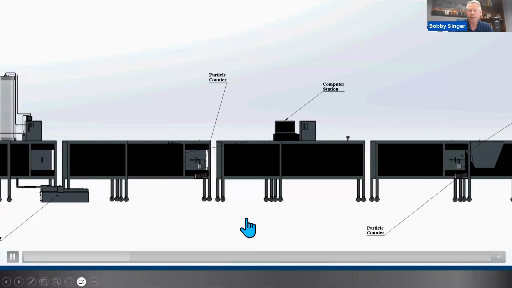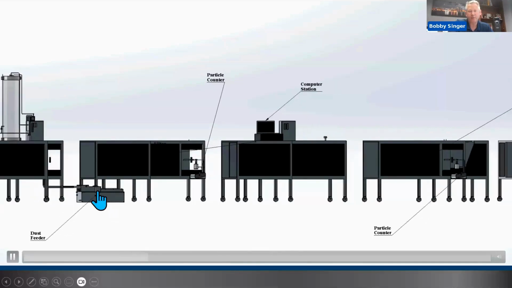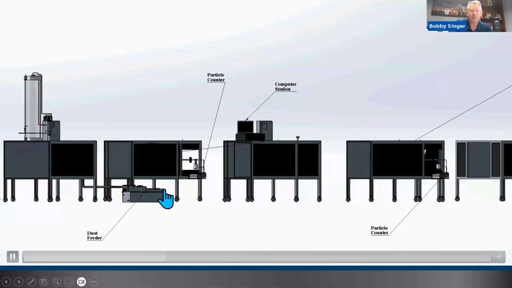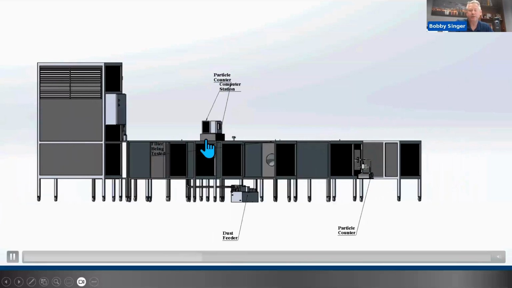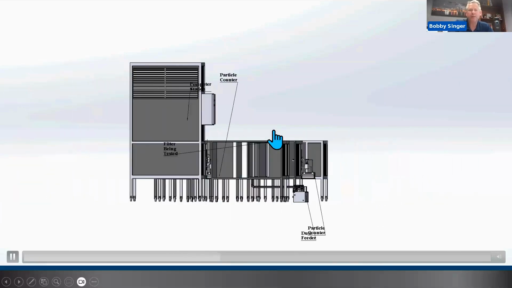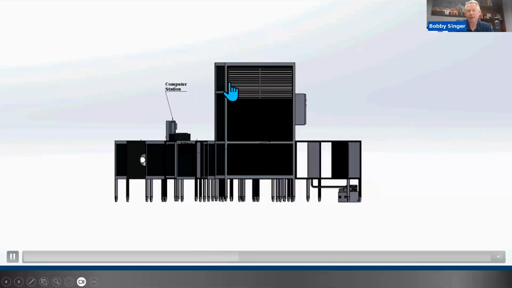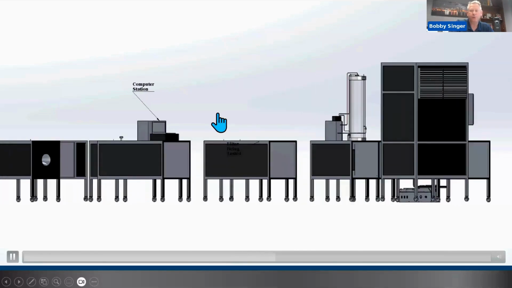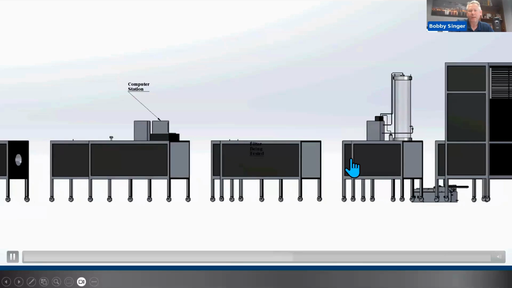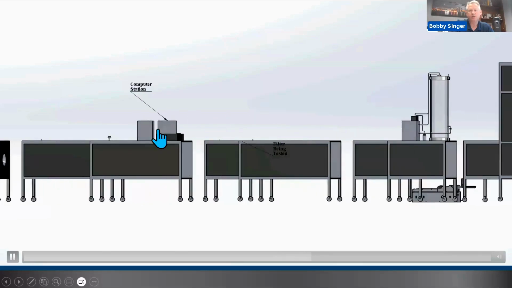So we'll continue our illustration here. This is the dust feeder. The ASHRAE dust will be placed into that feeder when it comes time to load dust, introduced down into the duct, into the filter. Pressure drop goes up. This is the upstream most end, so you see the louvers where the air would be allowed to come into the blower to push through. This is our control station.